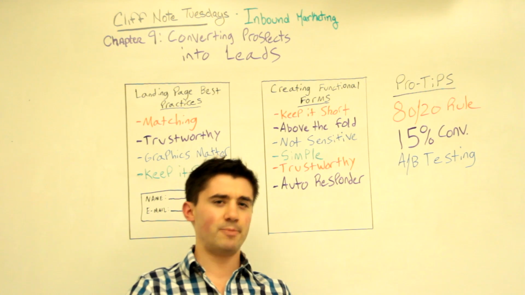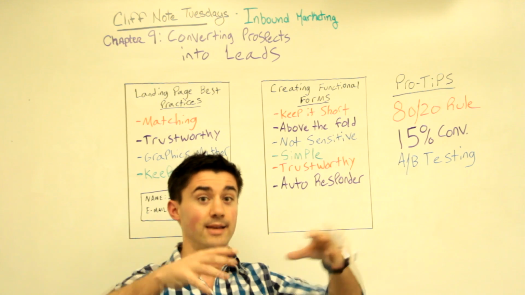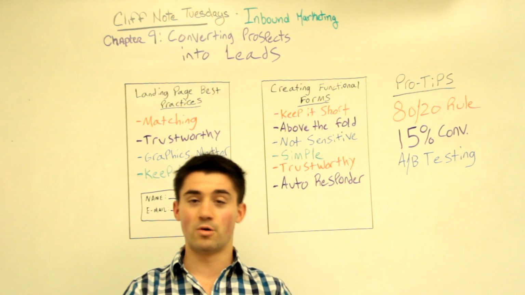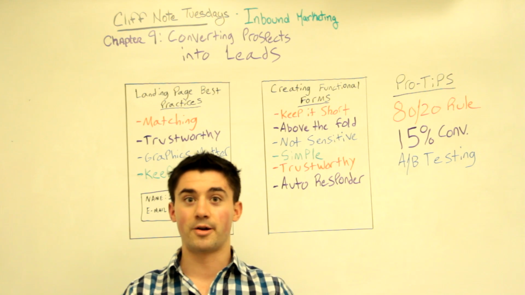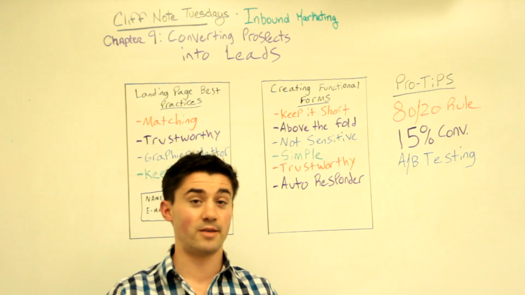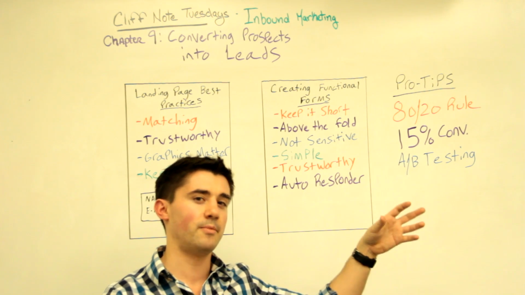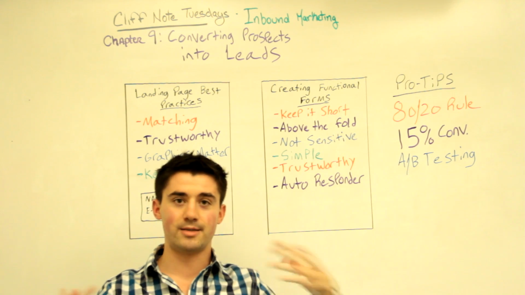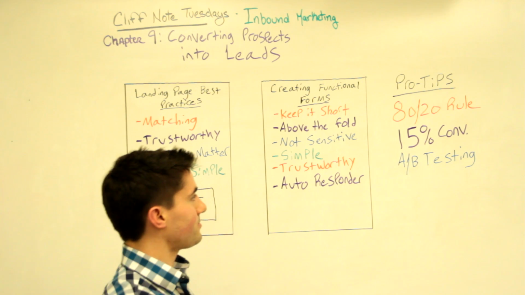But you really should be focusing on getting more people into this sales funnel and trying to attract more potential customers. As an inbound marketer, you're responsible for a lot of things. You really want to make sure that most of your time, 80% of your time, is spent not worrying about conversion optimization, but actually getting more people to your site.